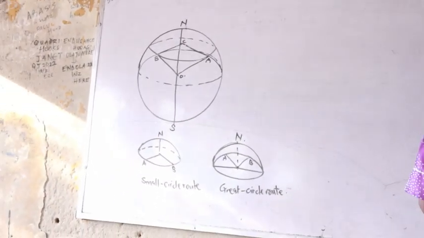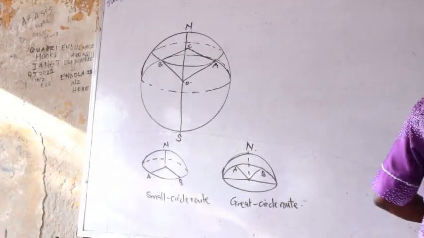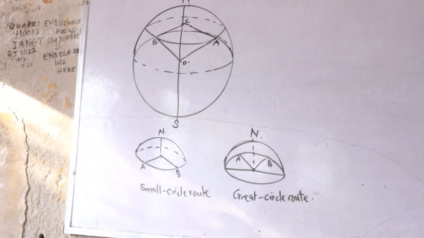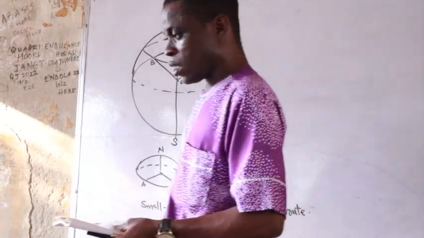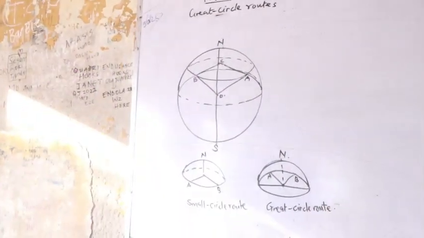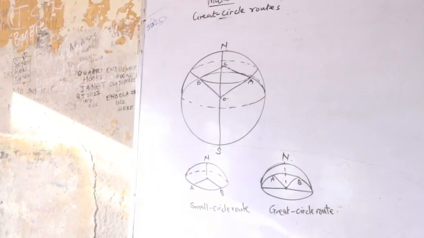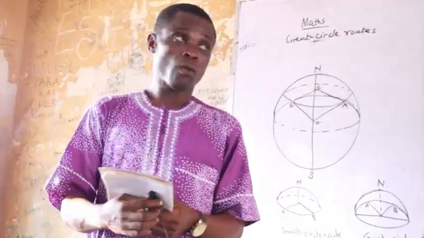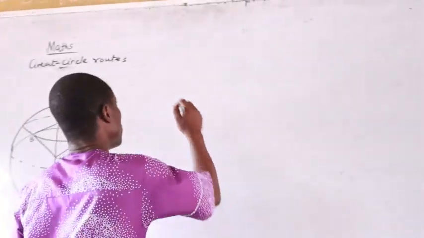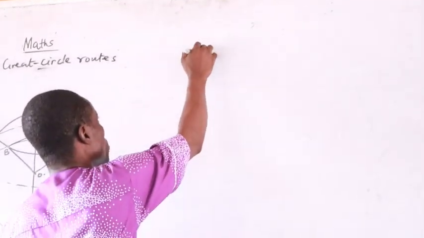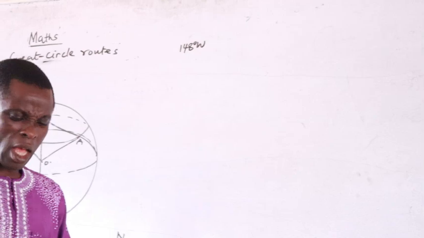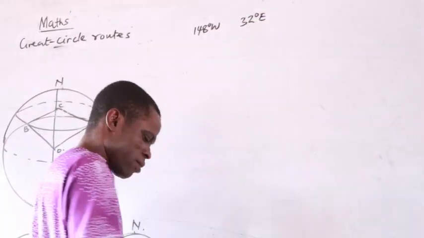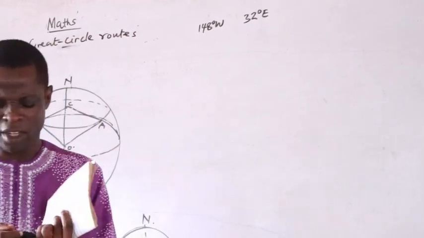58.4 degrees north. Comma. Their longitudes being 148 degrees west and 32 degrees east, respectively.